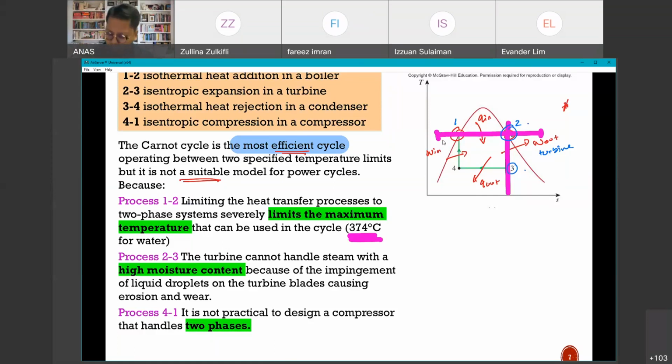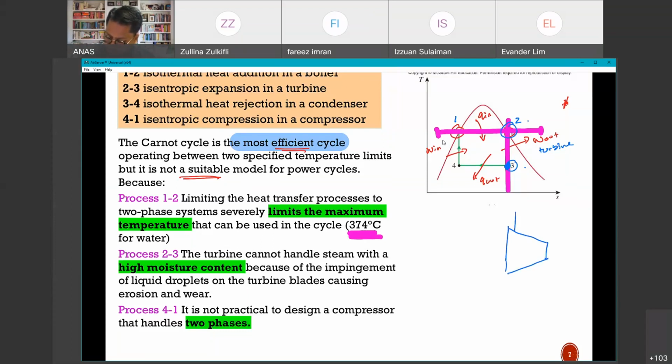If you notice, the location where the turbine exits is at point 3. If I draw a symbol of the turbine over here, let's say this is 2 and this is state 3.